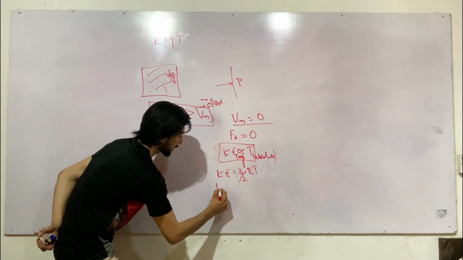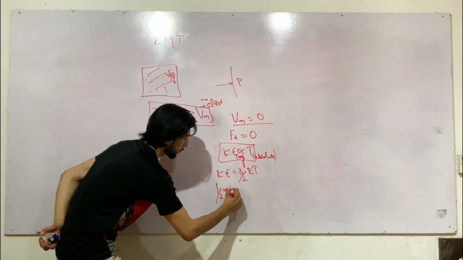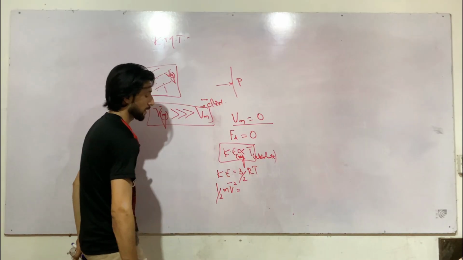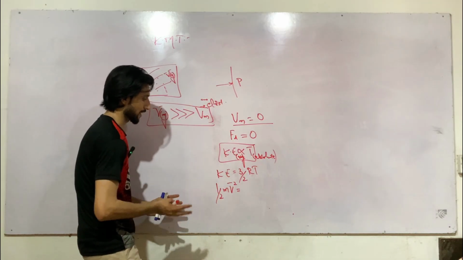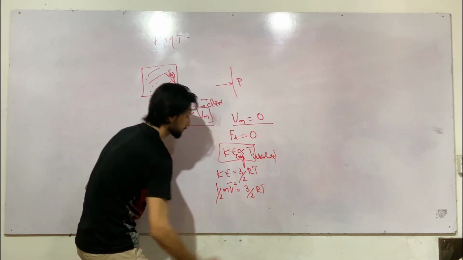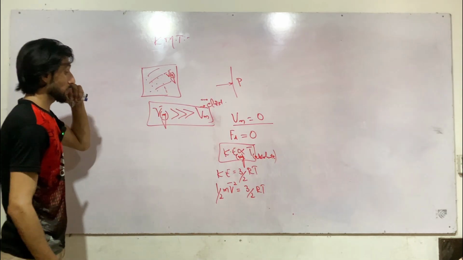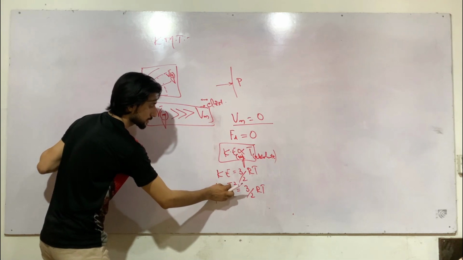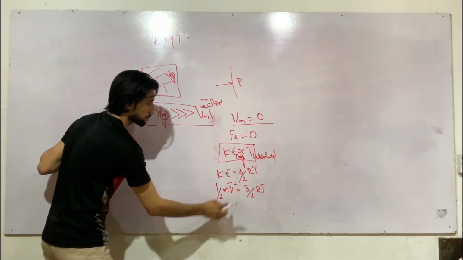So kinetic energy equals 1 over 2 m v bar squared, because now I have taken R for the whole of the gas. So 3 by 2 RT. What does v bar mean? This is the mean velocity, squared of the mean velocity.